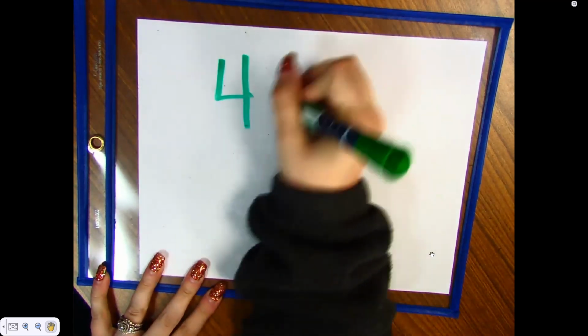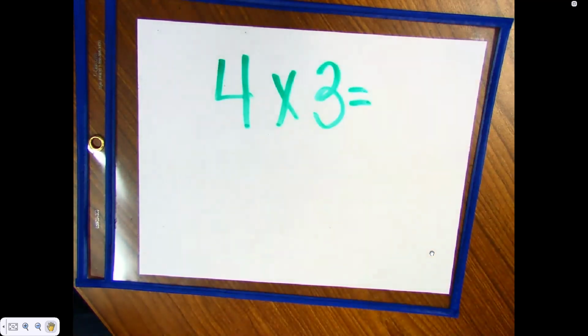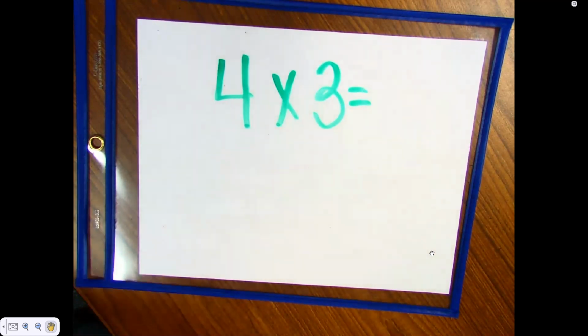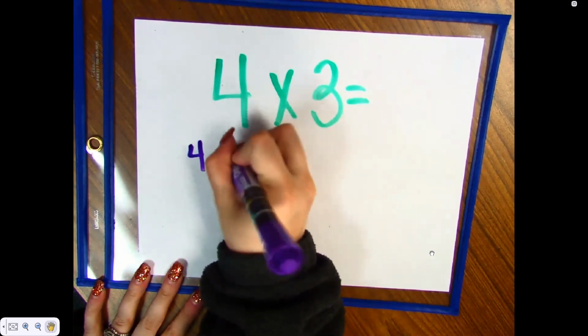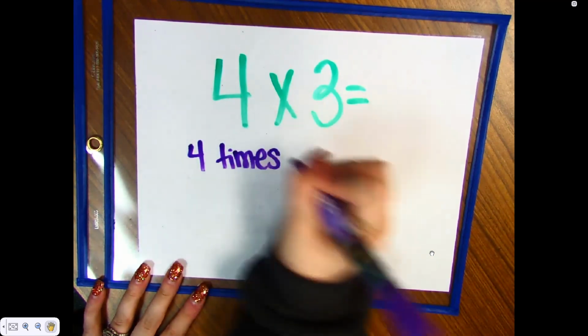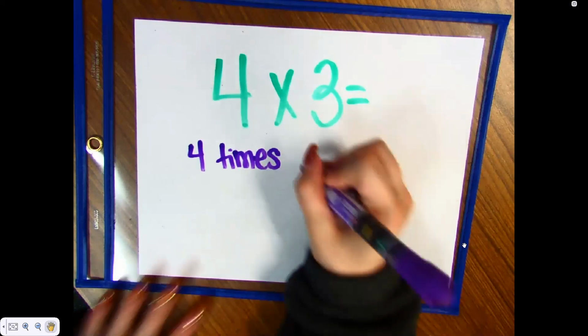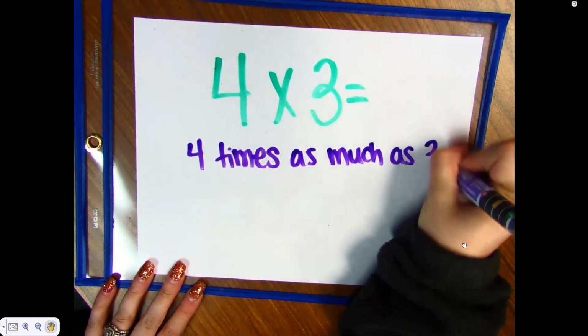So let's look at, if I have an equation, okay, that says 4 times 3, this equation represents 4 times as much as 3.